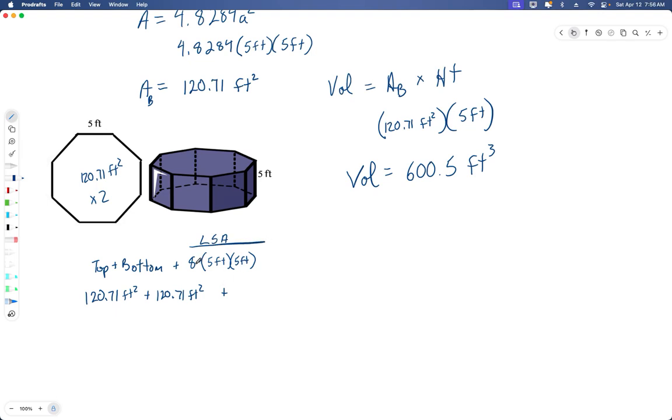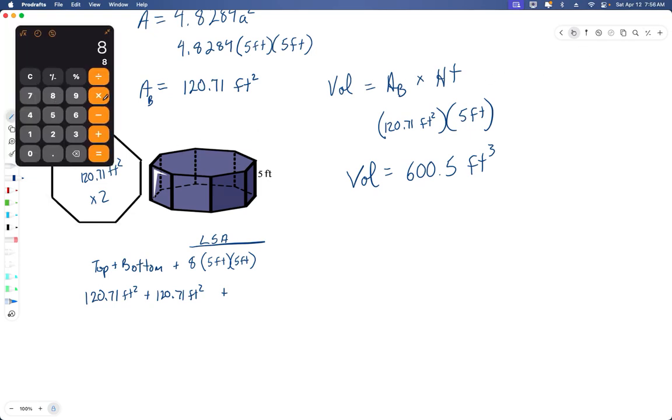It's the number of sides that are identical and length times width for each one. So all I have to do is get my calculator, and I'm going to say 8 times 5 times 5. 200 feet squared.